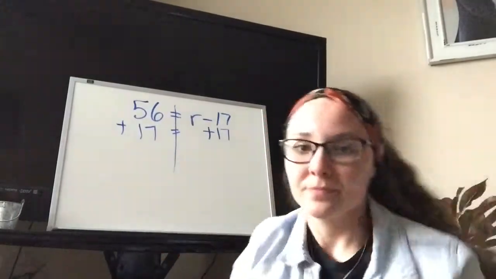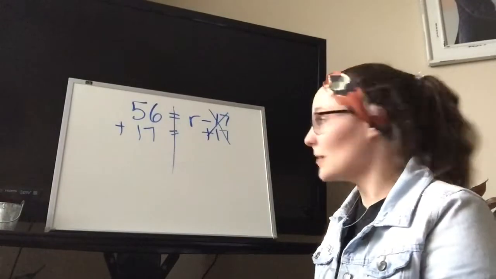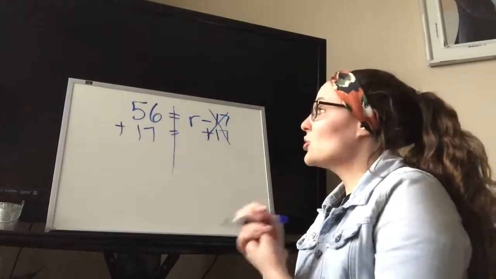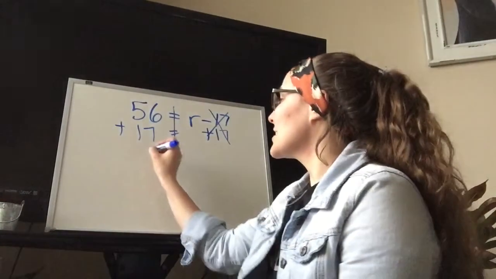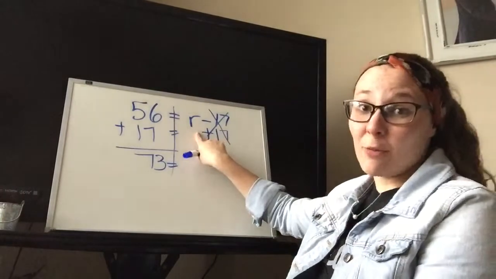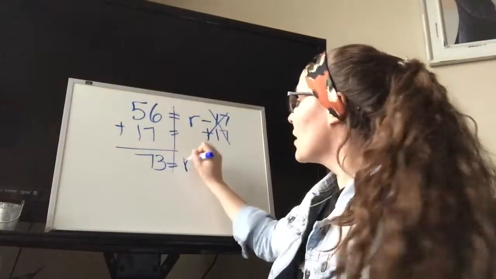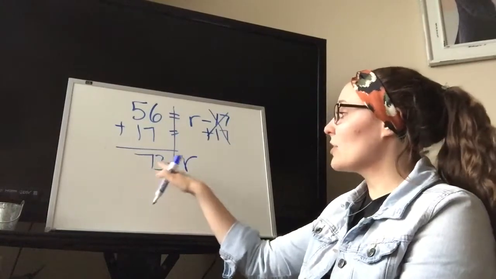Our 17s are going to cancel out on this side. And then over here, we actually have to do 56 plus 17. So 56 plus 17 is 73. And then on this side of my equation, I'm just left with r. So the solution to my equation is 73 equals r.